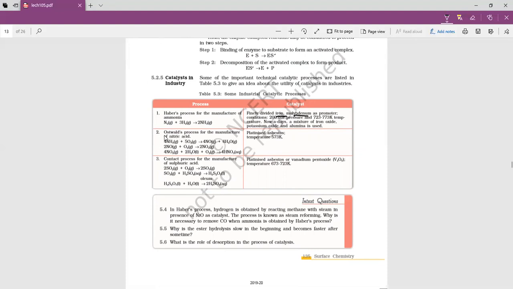Similarly, for the Ostwald process of manufacturing nitric acid, ammonia is oxidized in the presence of platinized asbestos as catalyst. It forms nitrogen dioxide, and being an acidic oxide, when treated with water, it forms nitric acid. Similarly, in the contact process, sulfur dioxide is converted into sulfur trioxide in the presence of vanadium pentoxide.